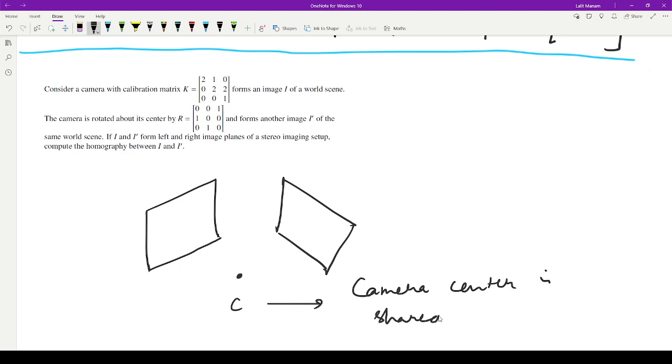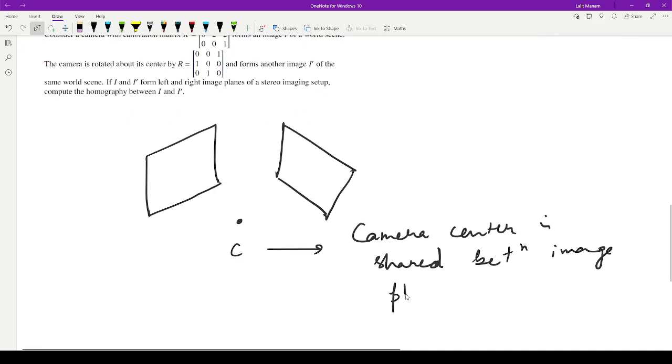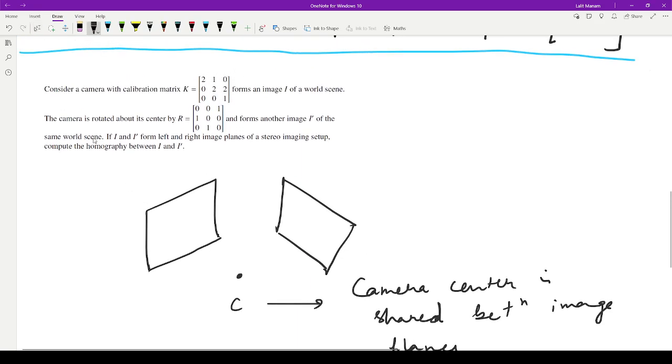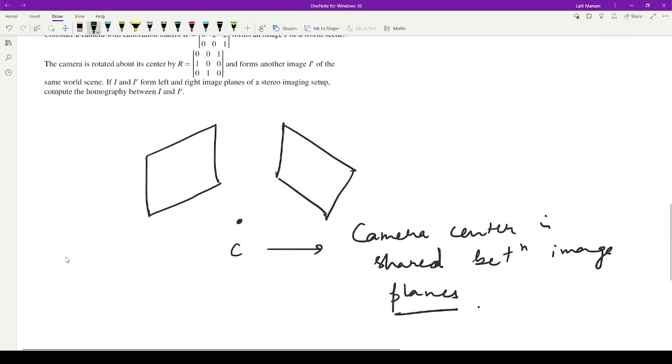Since there is only rotation, there is no translation, so the camera center is shared between image planes. Given these matrices, I would like to first construct P, where P is for the left one and P prime is for the right one.